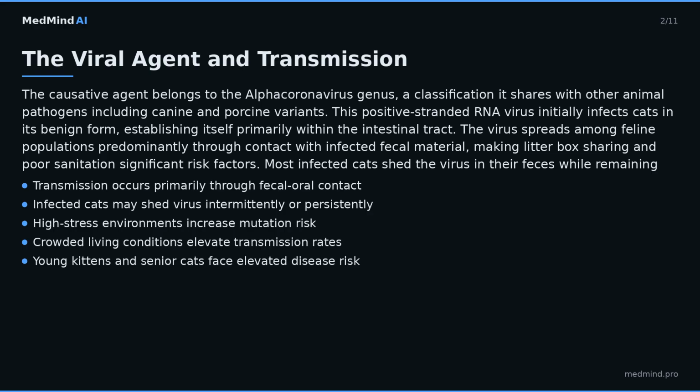The virus spreads among feline populations predominantly through contact with infected fecal material, making litter box sharing and poor sanitation significant risk factors. Most infected cats shed the virus in their feces while remaining asymptomatic or showing only mild gastrointestinal signs, making them unwitting carriers within multi-cat households.